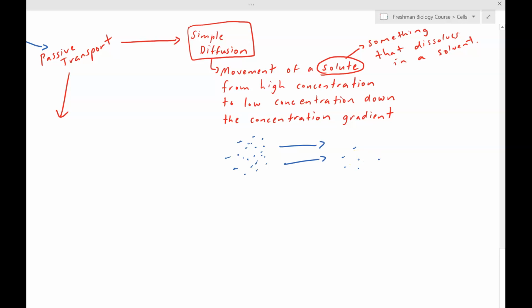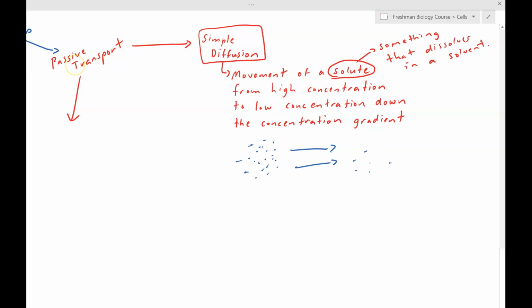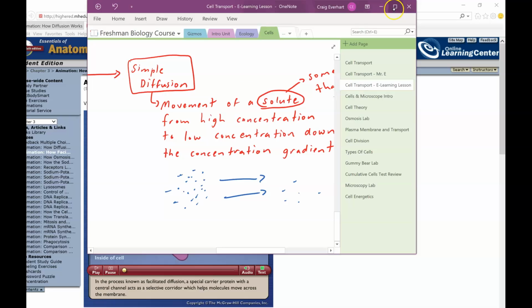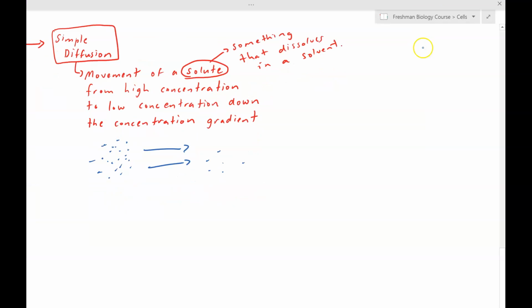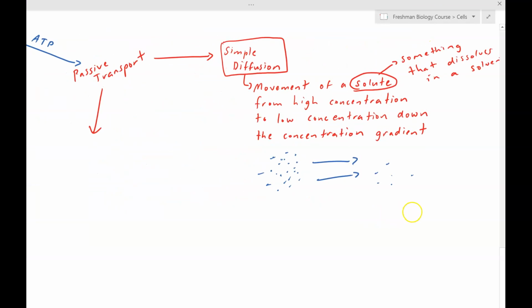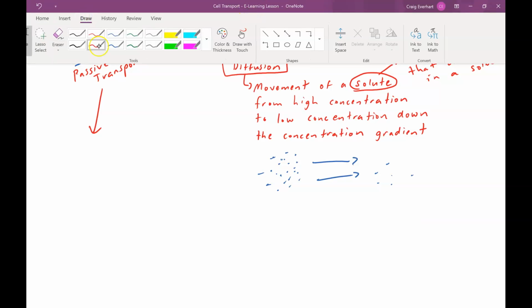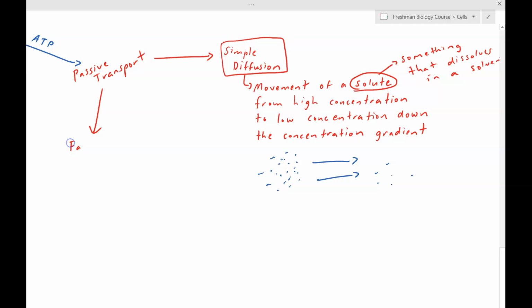All right. We have another type of diffusion, and do not get confused with the fact that the word facilitated is in this type of diffusion. So this diffusion is going to be called facilitated diffusion, but it is still diffusion. It does not require any form of energy.